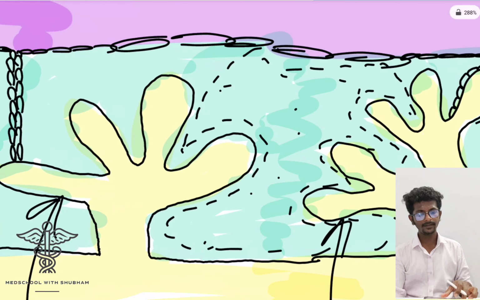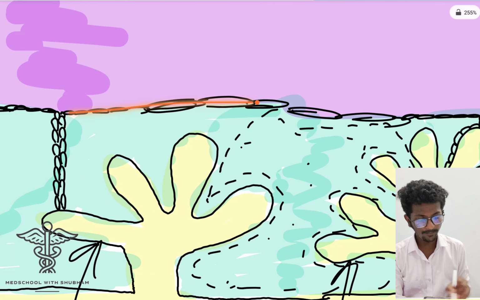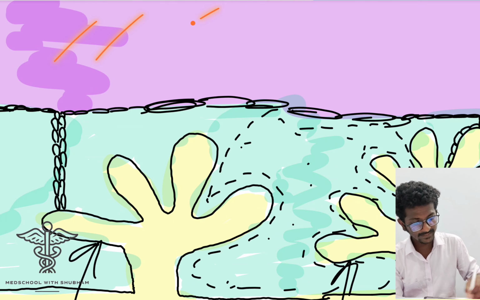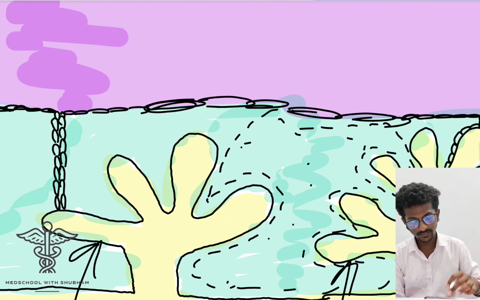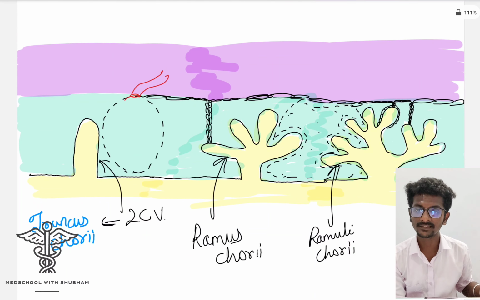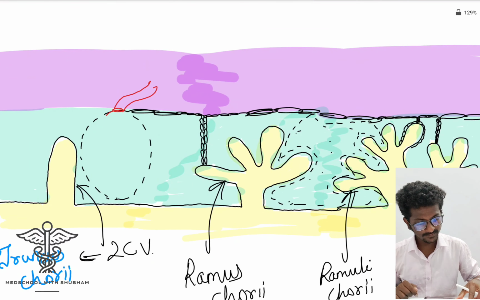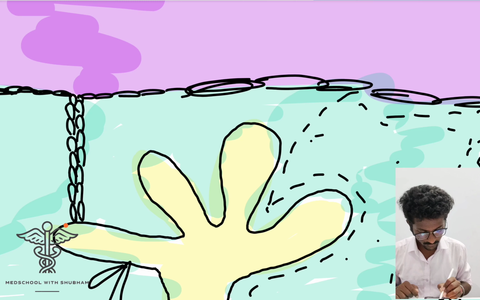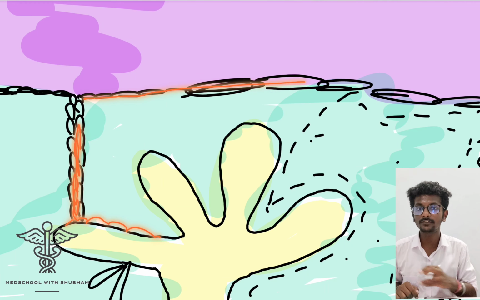And now what will happen? There will be a physical or a cellular barrier between the decidua basalis and the syncytial trophoblast. And this barrier is formed by these cytotrophoblastic cells. I hope you can relate. These are the cytotrophoblast. This is also cytotrophoblast, and these cells are also cytotrophoblast.